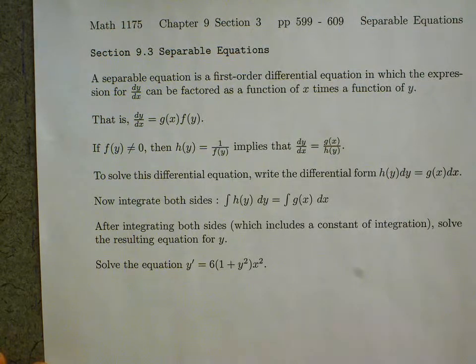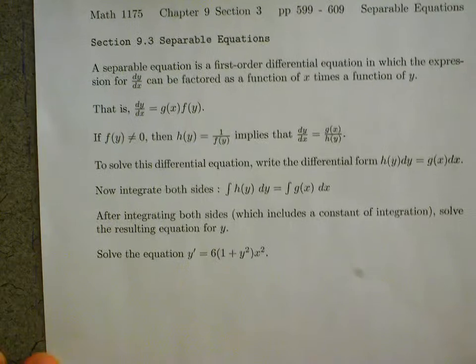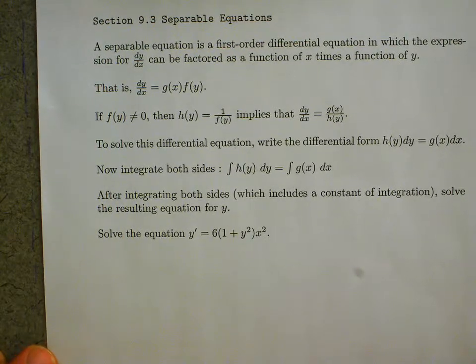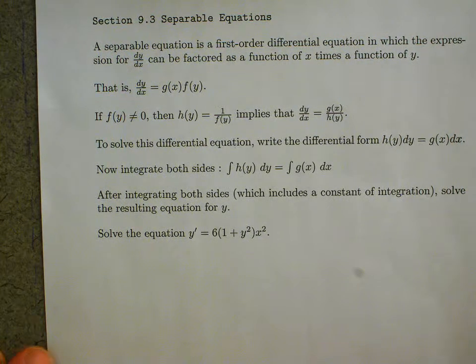So we'll do a few examples. Here's our first one. Solve the equation y prime equals 6 times the quantity 1 plus y squared times x squared.